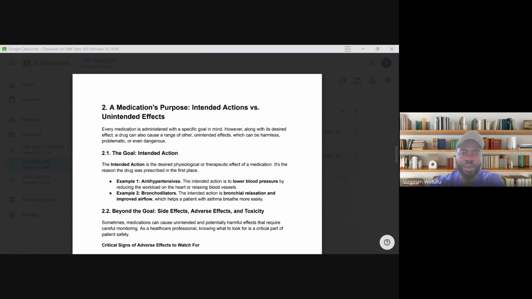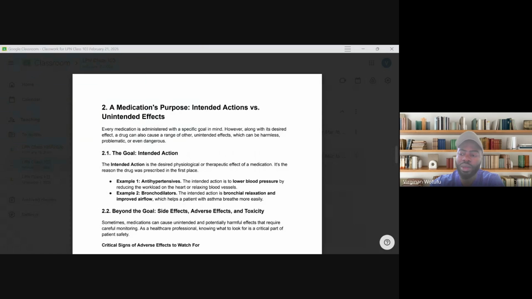Let's take, for example, an ACE inhibitor like captopril. The side effects include coughing, right? That's a side effect. But the adverse effect now, sorry, this is a harmful, undesirable effect of a medication occurring at the normal dose.